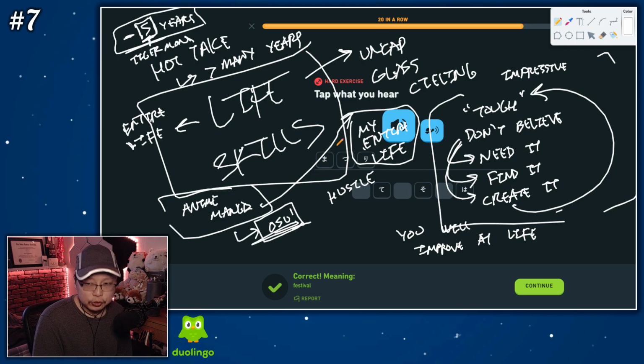So the idea is enjoy doing something that doesn't necessarily rely on other people. And it's going to be tough. When it's too tough, find it or create it.